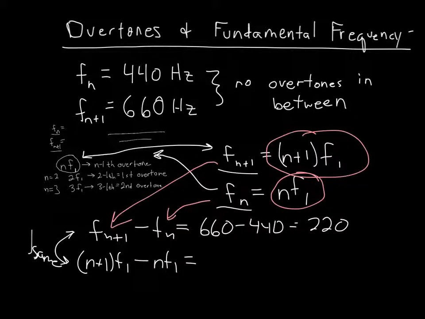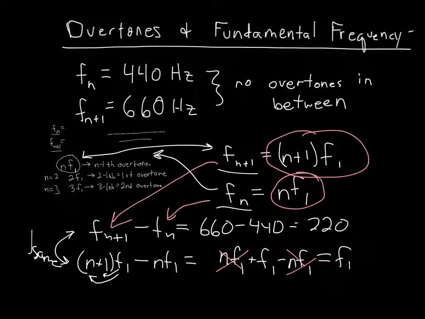So let's distribute this f sub 1 into both elements in the parentheses. So I have n times f sub 1 plus f sub 1 minus n times f sub 1. And when I solve this out, my n times f sub 1 terms cancel out, and I'm left with just f sub 1. And since these two equations are exactly the same, that means my f sub 1 has to be equal to 220. So my fundamental frequency for this problem is 220.